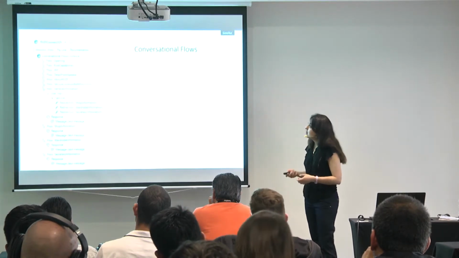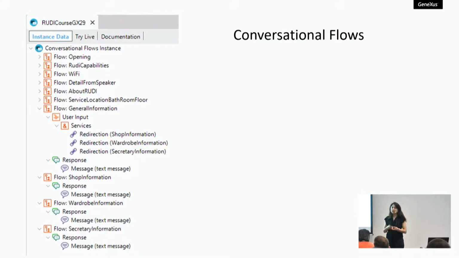So what we have in GeneXus is an object which is called conversational flows, the one you see on the left, and it's a tree which has flows. The flows are the main nodes of the tree, and each one of the flows is equivalent to an intent and the resolution, the way of solving the intent or the reply to the intent.